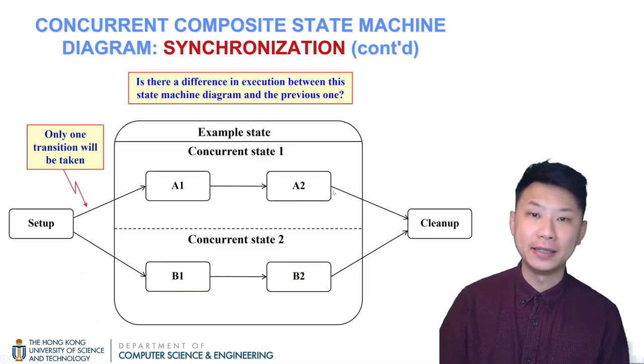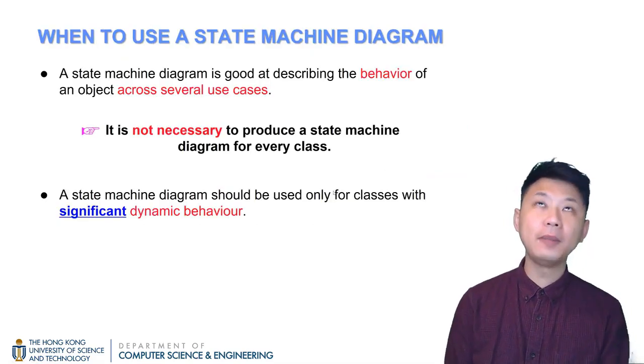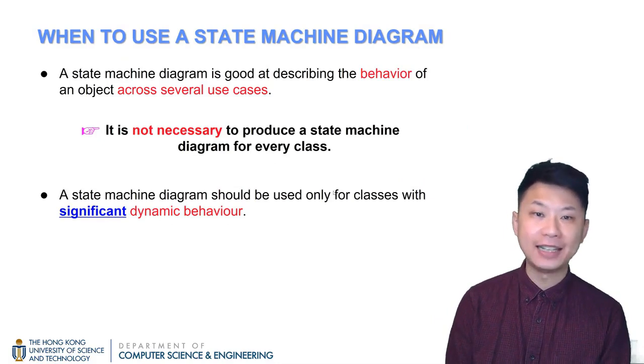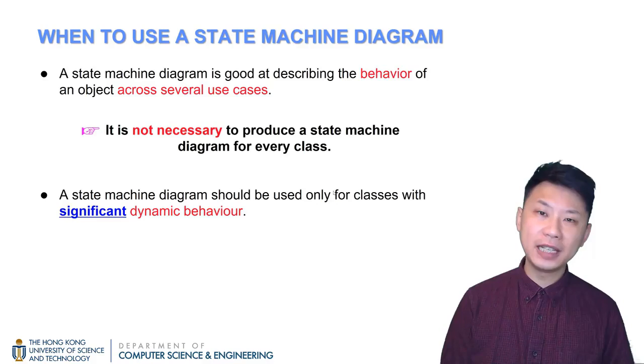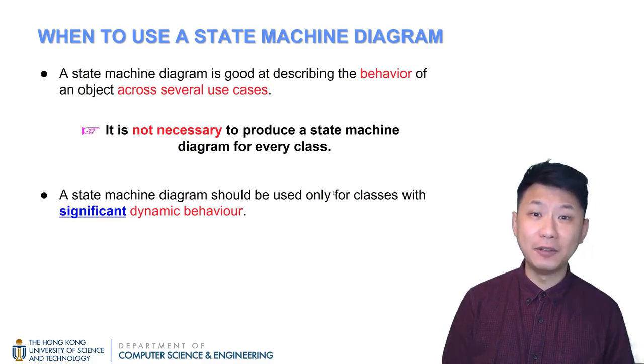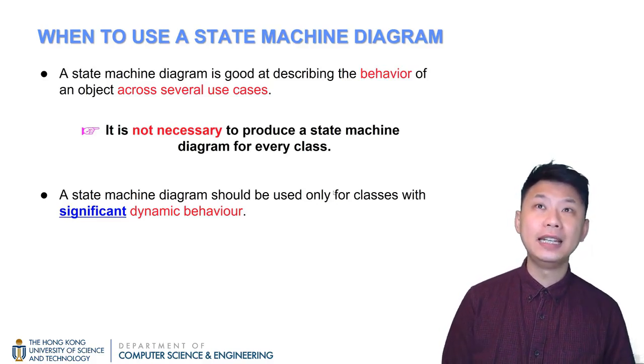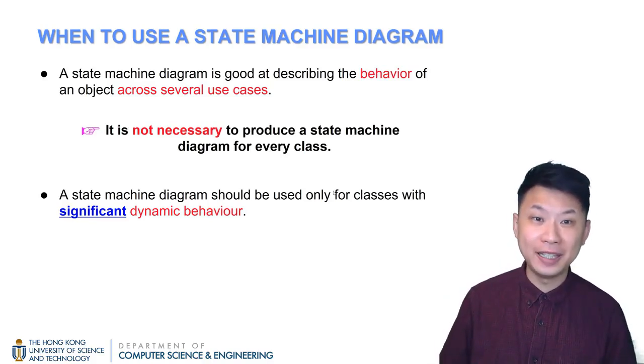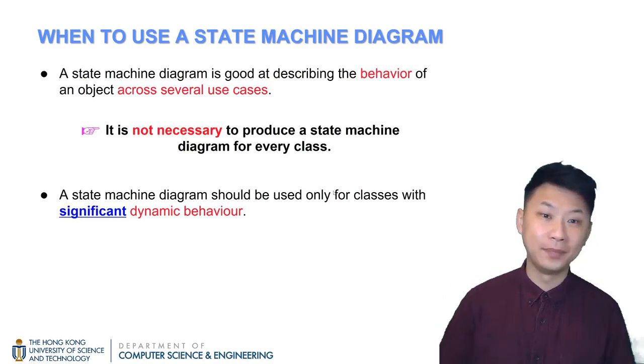So some of you may ask, do we have to draw a state machine diagram for every class that we have within the software system? Yes or no? I would say no, because we have so many classes within a software system. If we draw a state machine diagram for every single class, it's going to take a long time.